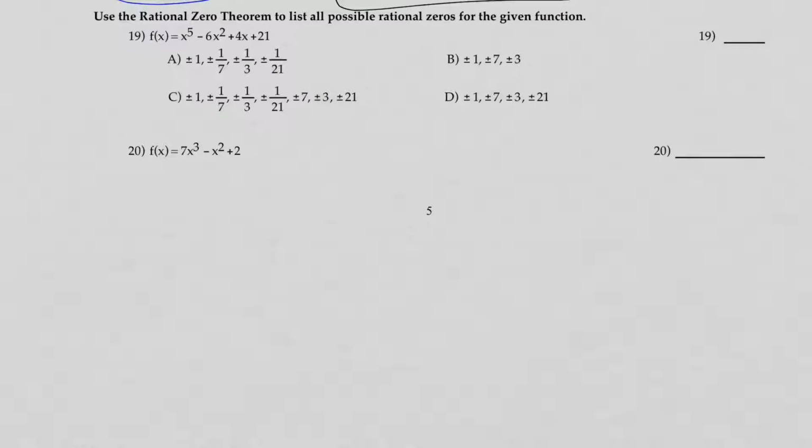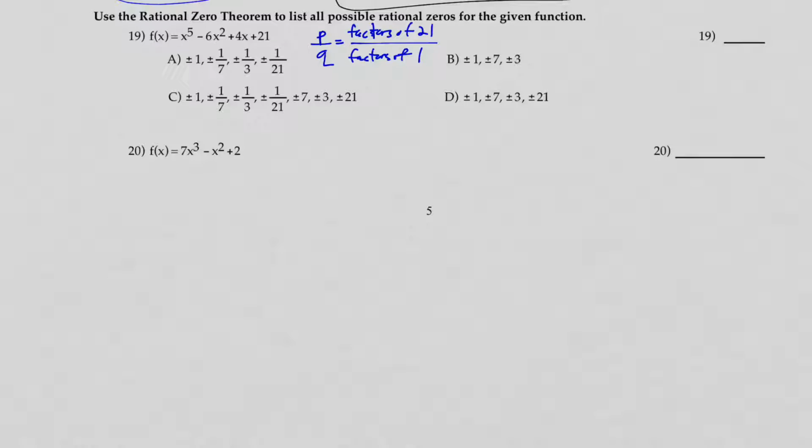So the clues come from the formula P over Q, and that's just basically saying the factors of 21 over the factors of 1.